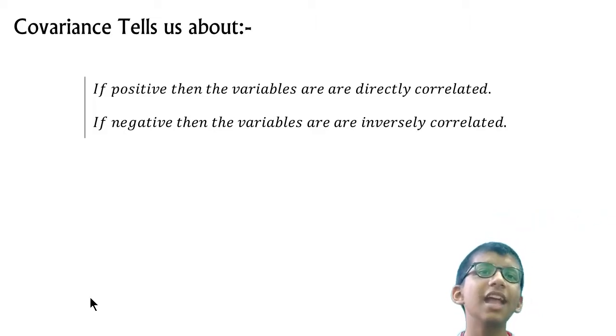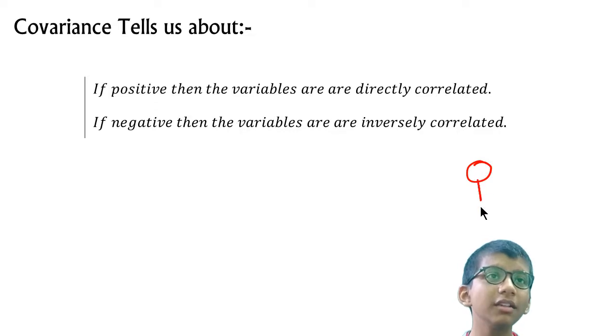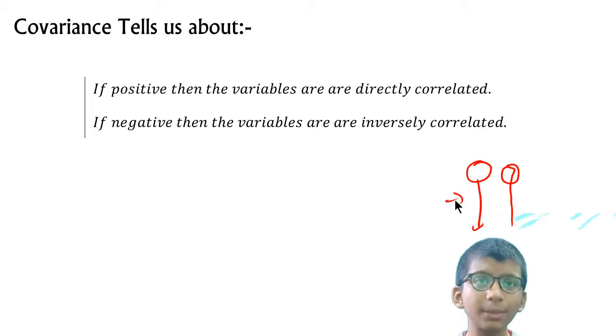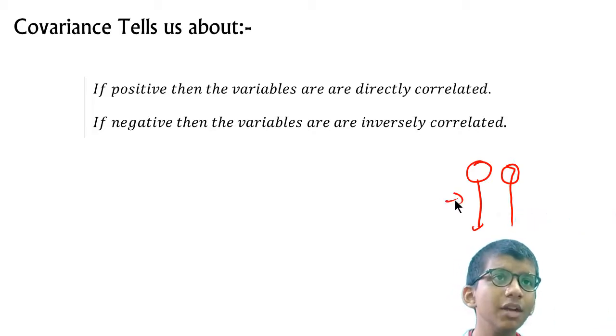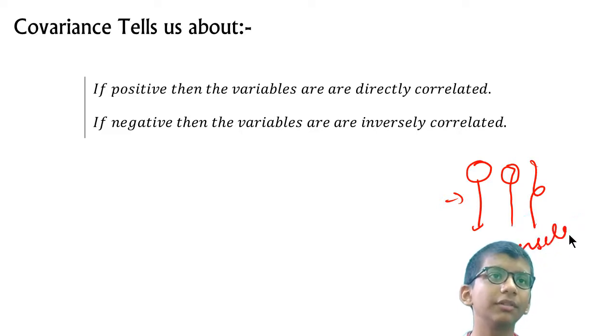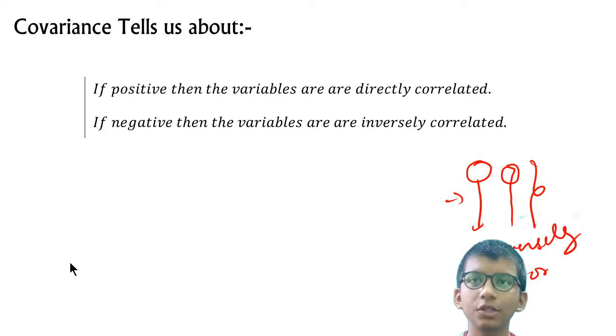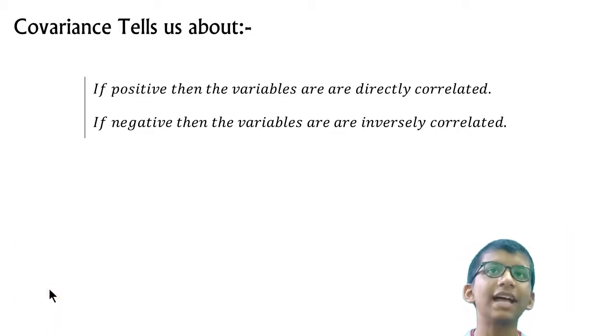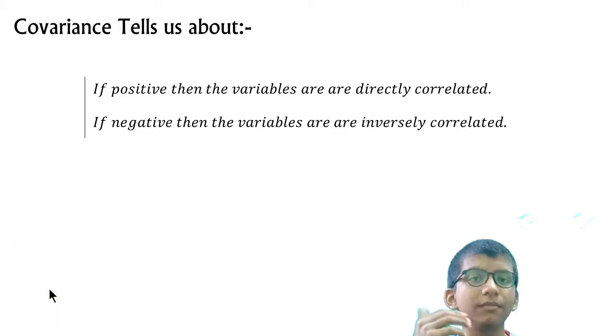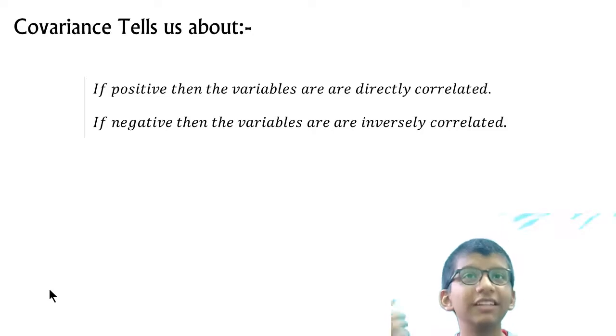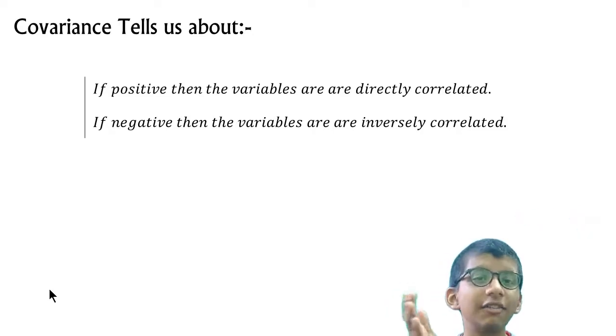And if one object is decreasing and another object is increasing, it's inversely proportional. So we can conclude that if it is positive, then the variables are directly correlated.